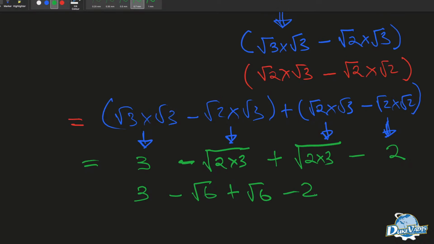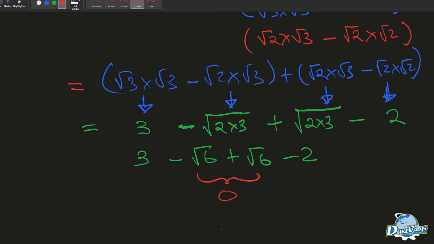Okay, now let's look at it. These minuses and pluses are 0. So we're going to have 0 minus this minus. Okay, yeah, this minus, so this is plus. So we have this 2 minus that, so minus 6 plus it, that will be 0.